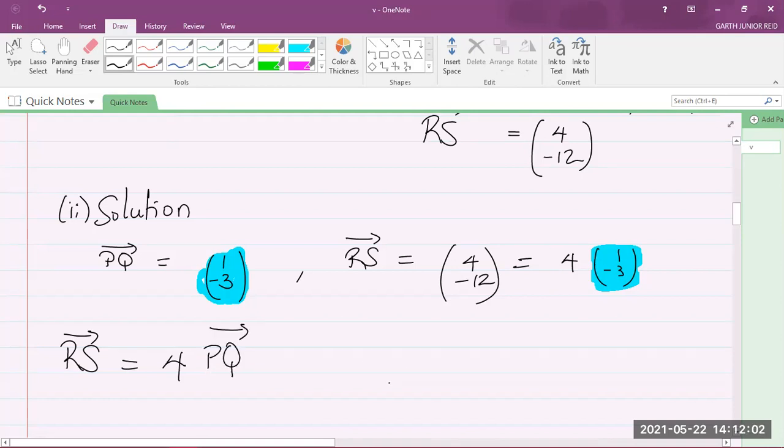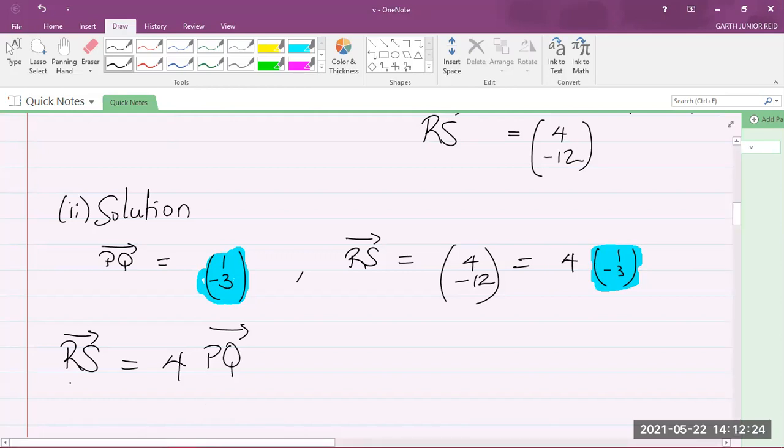So one is a scalar multiple of the other, and 4 is the scalar. If that is the case, then the vector PQ and the vector RS are parallel vectors.